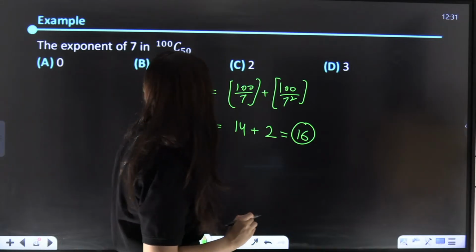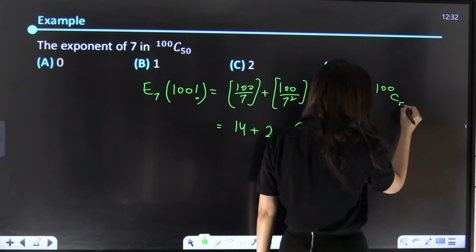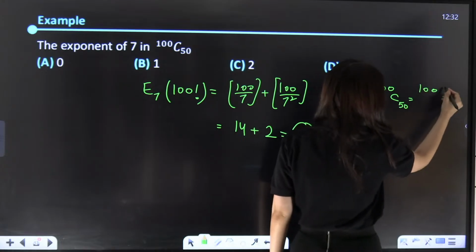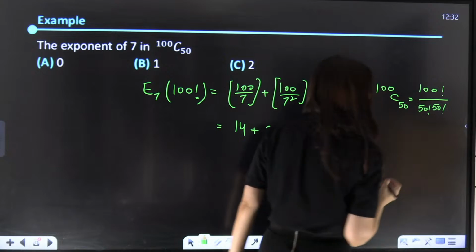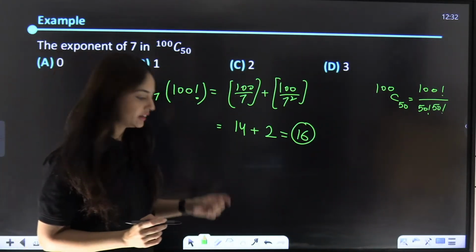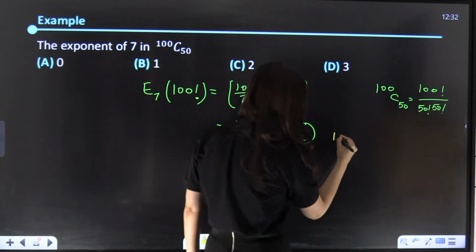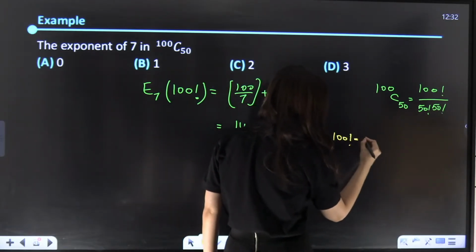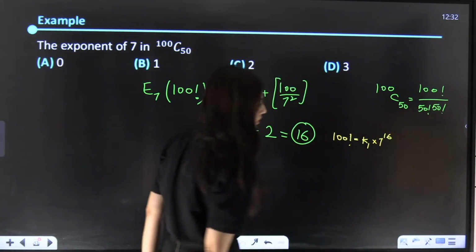Now what is 100C50? 100C50 is 100 factorial divided by 50 factorial, 50 factorial. The exponent of 7 in 100 factorial is 16. That means 100 factorial is equal to some k1 into 7 raised to power 16.